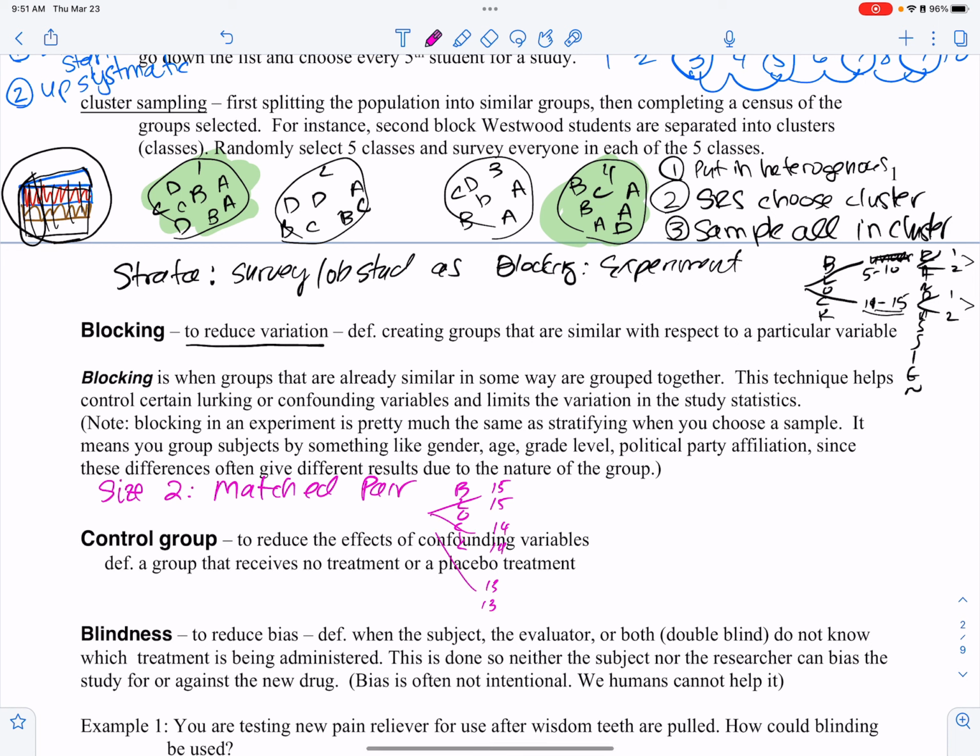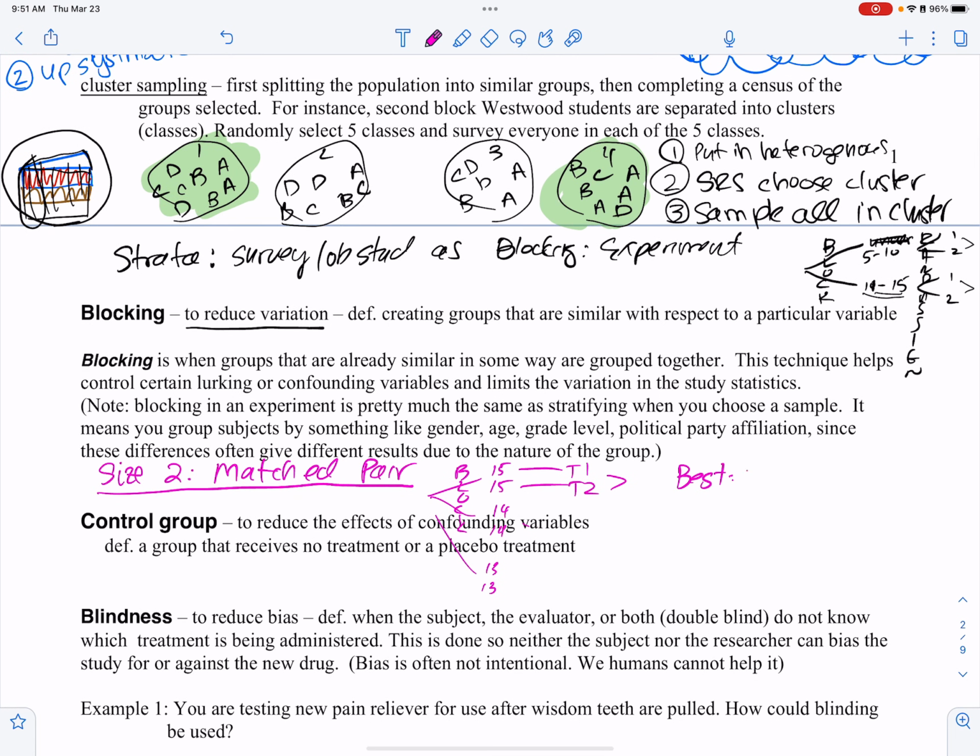And so I'm getting people that are similar in age, and then I'm going to give this one treatment 1 and this one treatment 2, and then I'll compare the results, and so forth and so on. So a matched pair is a blocking of size 2.